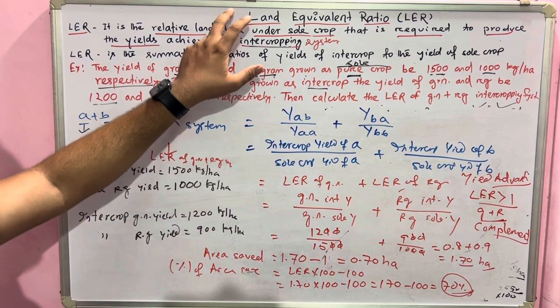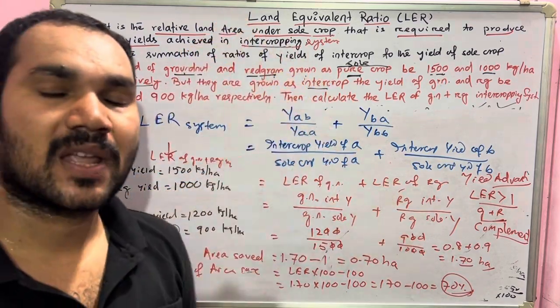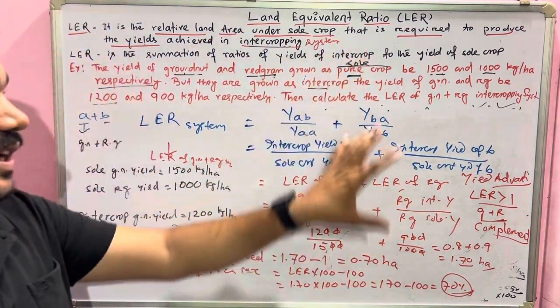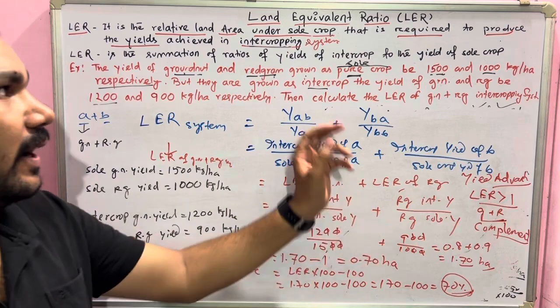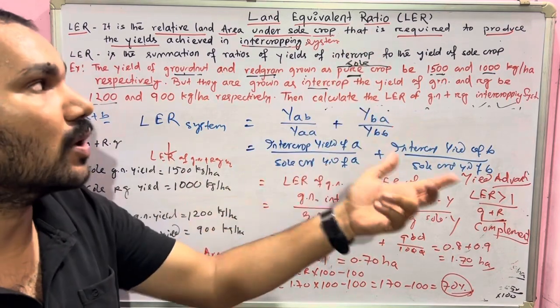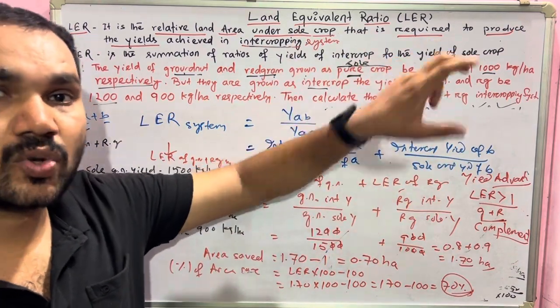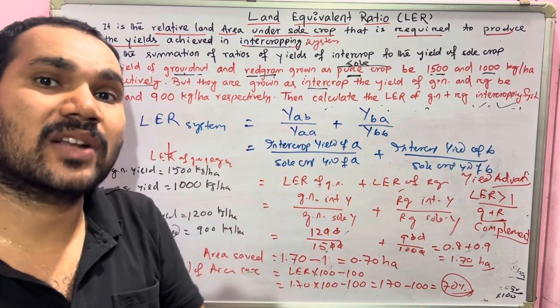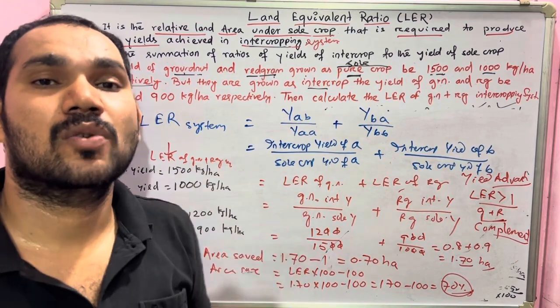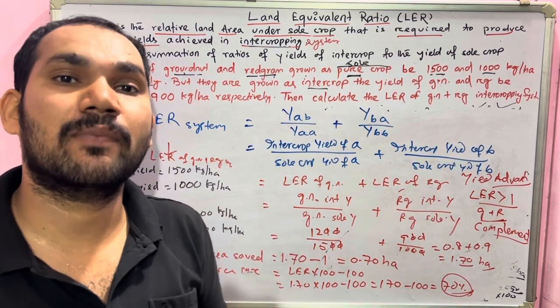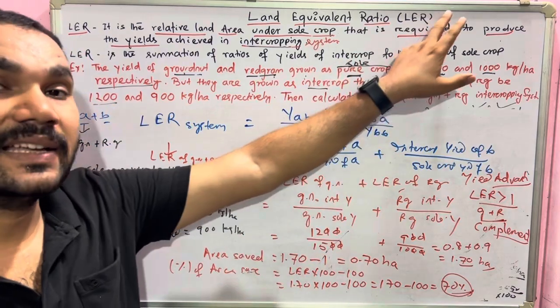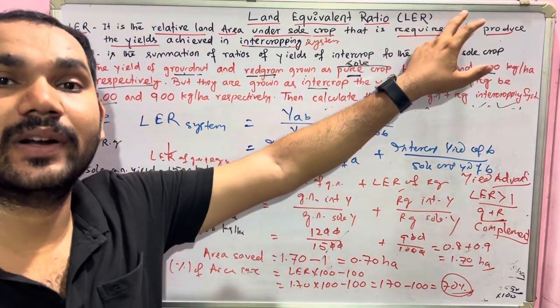So this is the concept behind the land equivalent ratio. I hope you understand the concept behind intercropping and the meaning and use of LER. In choosing which type of intercrop we should follow or recommend to the farmer, it is based upon the LER, the land equivalent ratio.